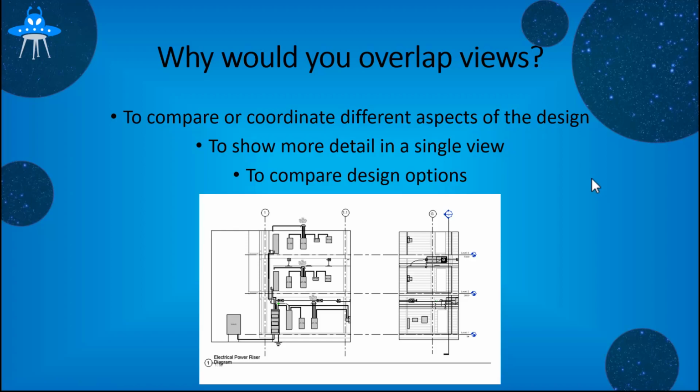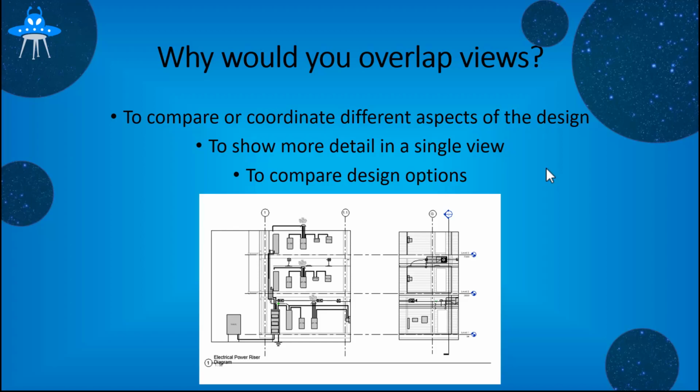To compare or coordinate different aspects of the design, to show more details in a single view, to compare design options. This view down here is from the MEP advanced sample model, and I think it's either E101 or E301.